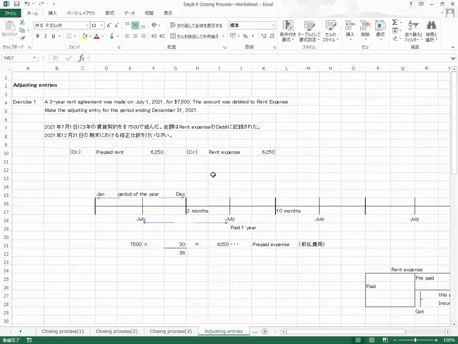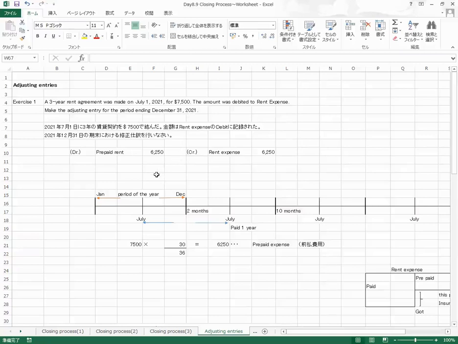When you paid 7,500 as 3 years' rent expense, you record it on the debit side, rent expense 7,500.